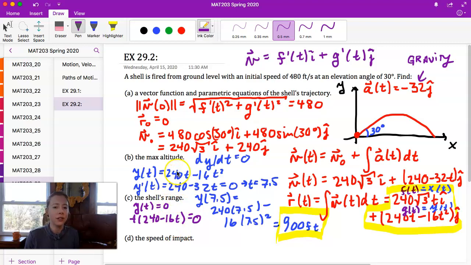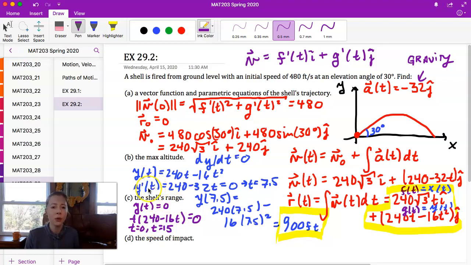And of course, you can just eyeball and know that yes, the initial position, since we started at y equals 0, is one point at which y of t is 0, so t equals 0. And also, then we're going to have 240 equals 16t, which gives us t equals 15.